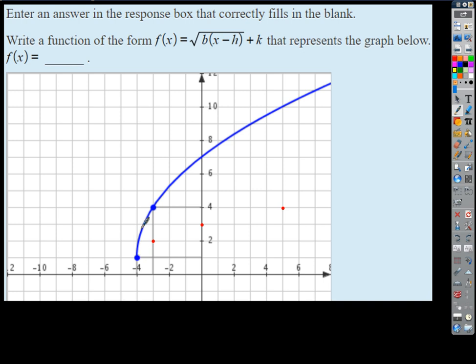For a rise of 2, I've got a horizontal distance of 4. For a vertical distance of 3, I've got a horizontal distance of 9, right? See what I'm saying? So this point has been moved from there back to there by our dilation factor of what you're trying to find, right? What's going to do that?